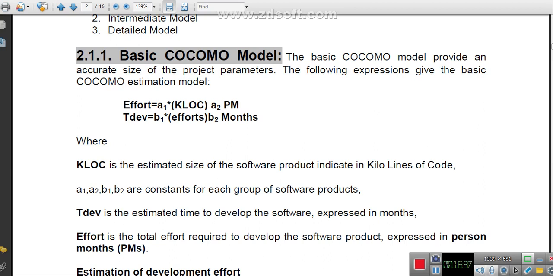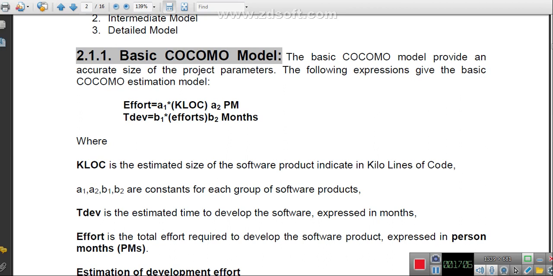And if you want to estimate the duration or the time which is required to complete that project, for that particular estimation of time to complete the project, the formula is B1 into efforts raised to B2. Means you have the formula for the efforts. First you have to calculate the efforts, then efforts आपके पास आने के बाद आपको खाली you have to put the value of efforts in the unit of PM in that particular formula.